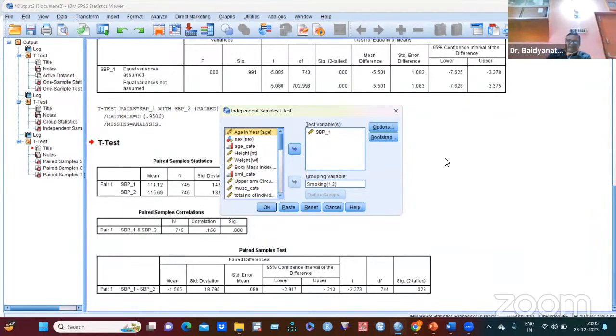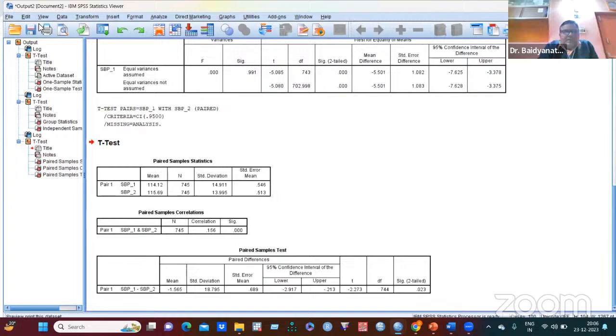So many computations are required for many t-tests to find the significant difference. So to avoid such a situation, we can apply one-way ANOVA. This is also a parametric test, one-way ANOVA. The assumption is the same. Now I go to the one-way ANOVA.